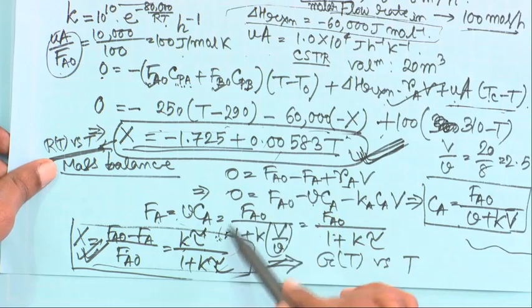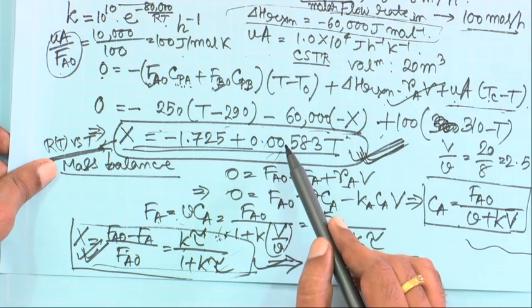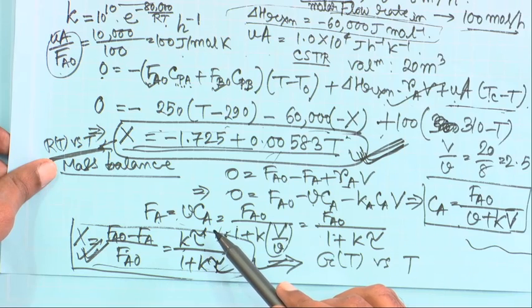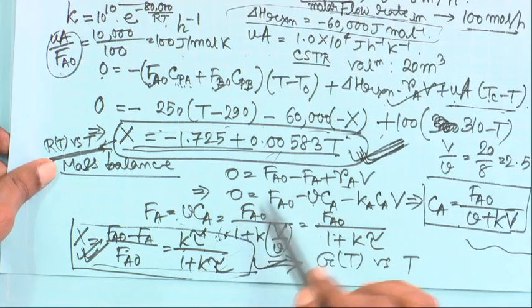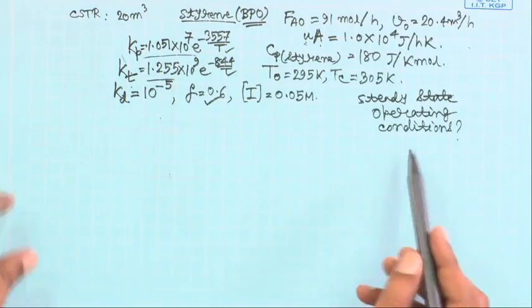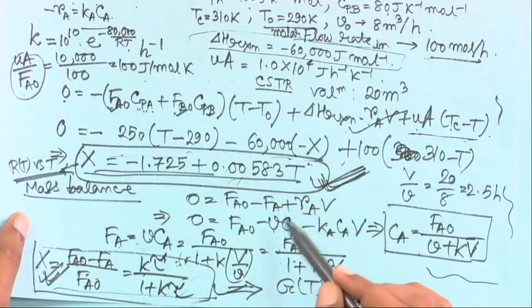If it is one intersection, then there is only one steady state available under this situation. If there are two, then there are two steady states available, and typically you will not get more than 3 intersections. So, the maximum number of solutions that you can get is 3. If you remember in the previous example we had 3 steady state operating conditions.